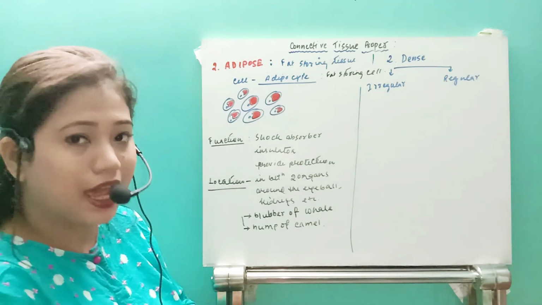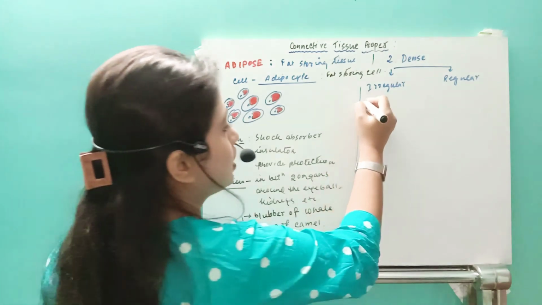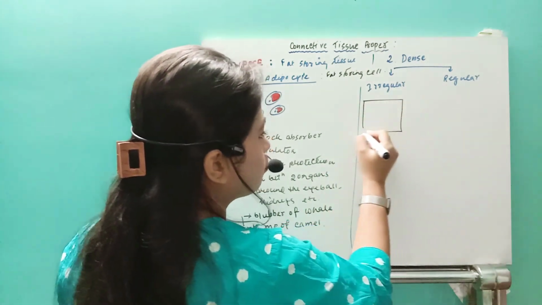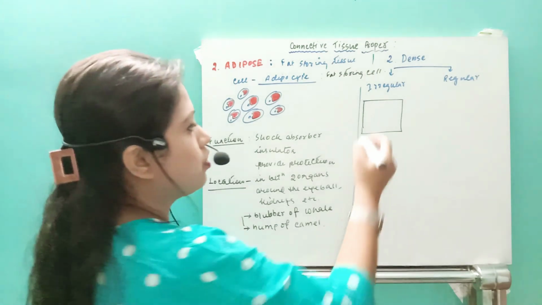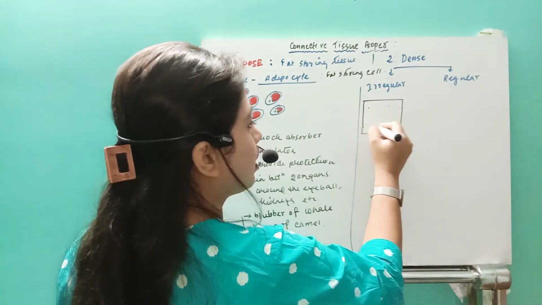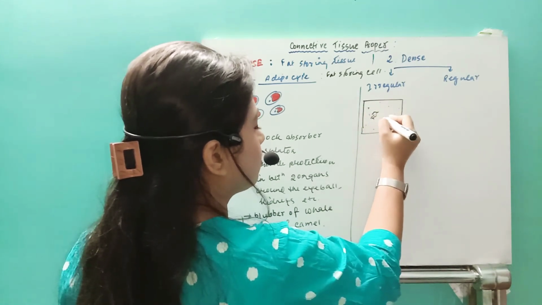So let me draw the diagram so that you can understand properly what is irregular. In case of the irregular connective tissue also, you are going to see the cells, the fiber and the matrix. So matrix will be there. Okay, the fibroblast will be present. Suppose these are the fibroblasts, right?